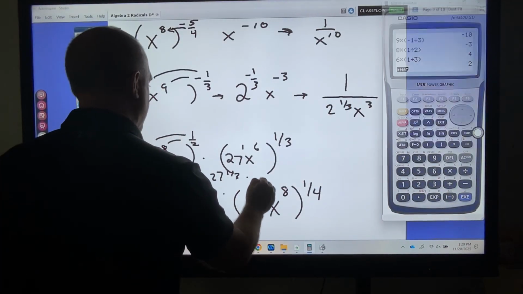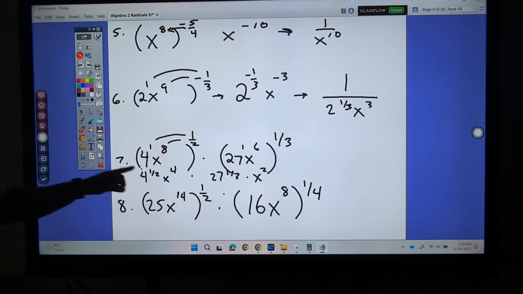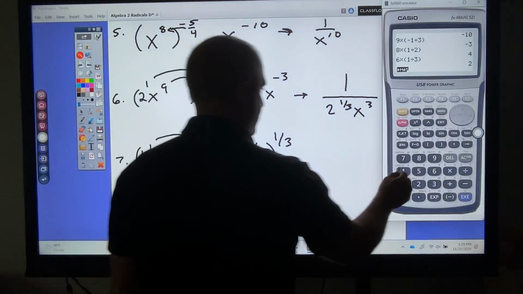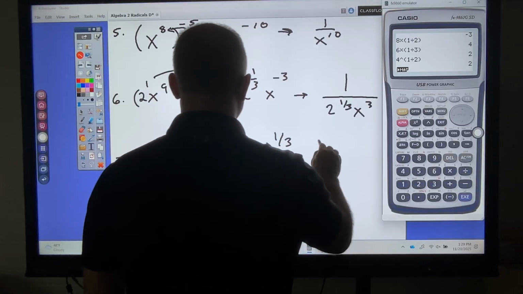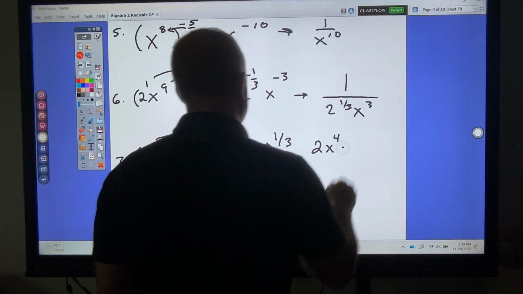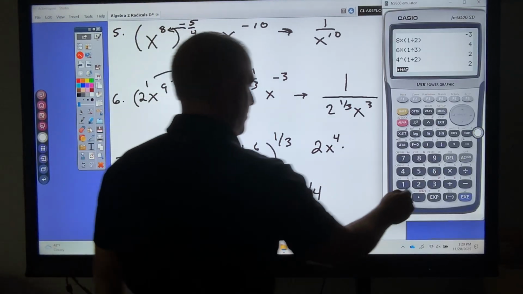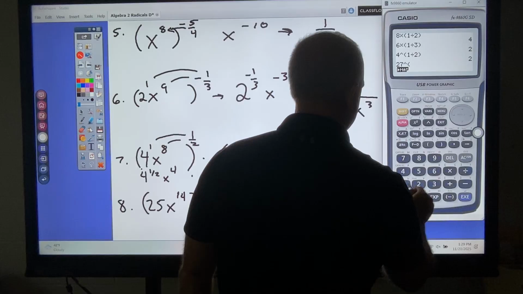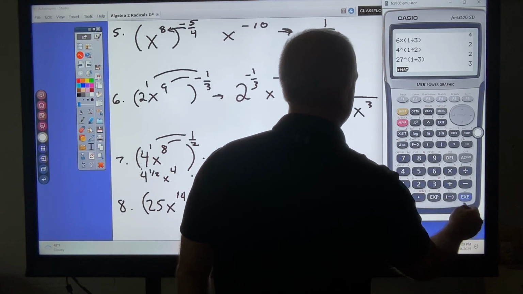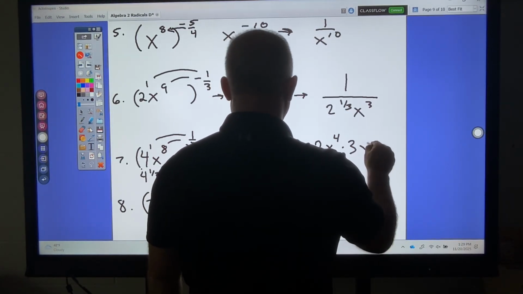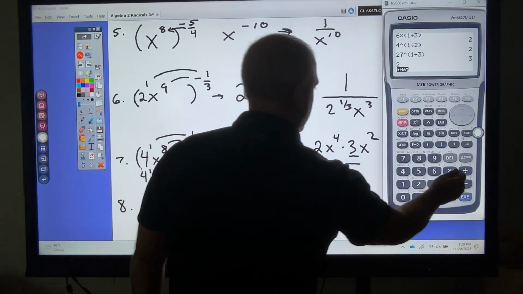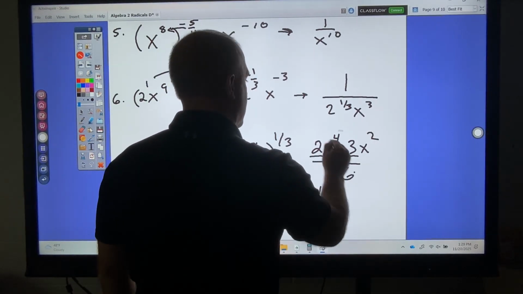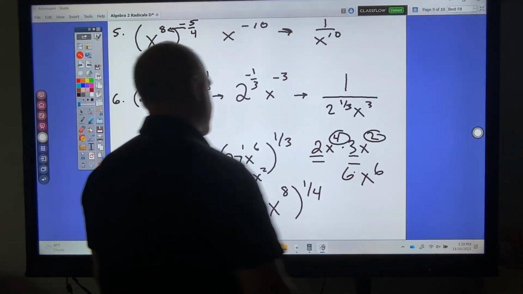I got x squared. All right. So what am I going to get out of that? 4 to the 1/2. You should always check to see if it simplifies at all. That's going to be 2. So that's 2x to the 4th times 27 to the 1/3 power. So it'd be 3x squared. Well, I can just now multiply those. That's 6, and then I'm going to add these, so it's x to the 6th.